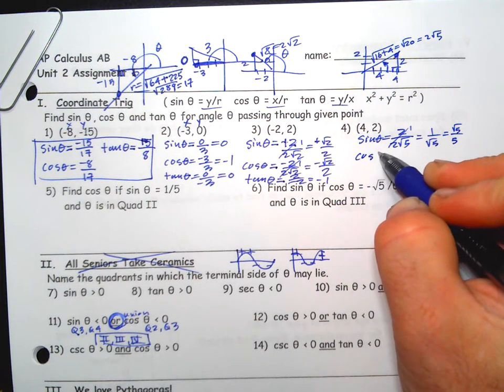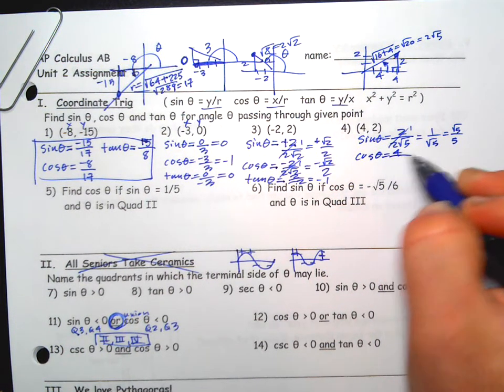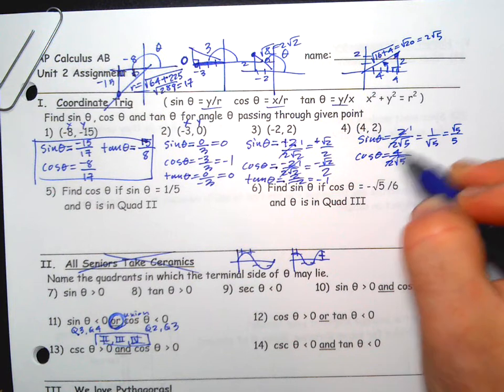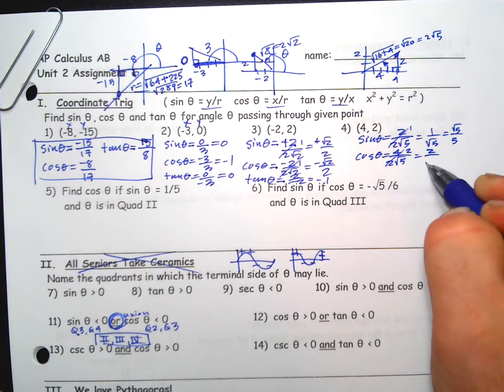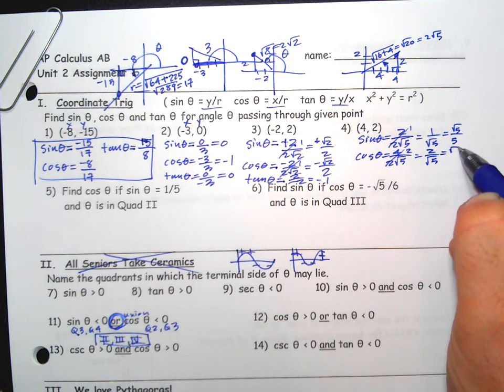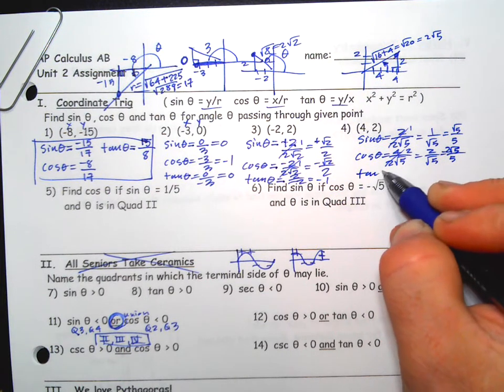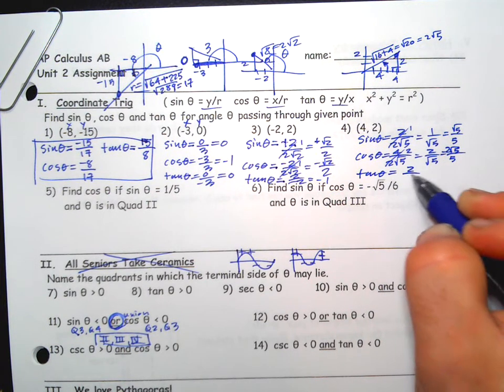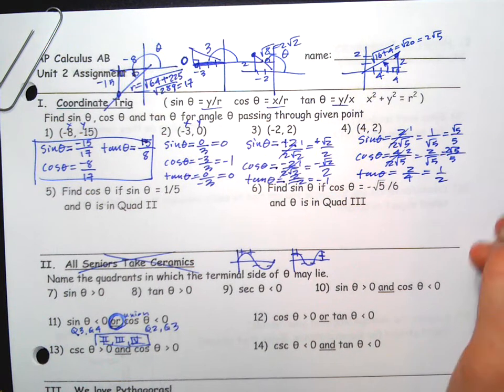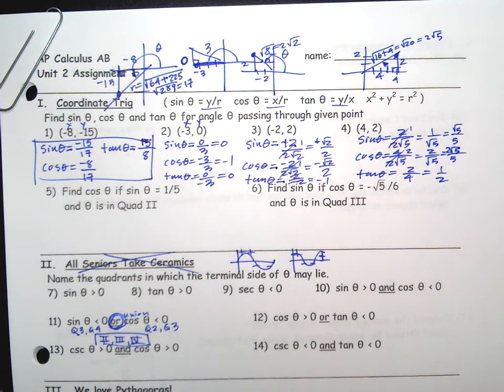Cosine is going to be adjacent over hypotenuse, so it's 2 over root 5 or 2 root 5 over 5, rationalizing the denominator. Tangent is opposite over adjacent, so that's 1/2. So you should be good at that basic stuff.